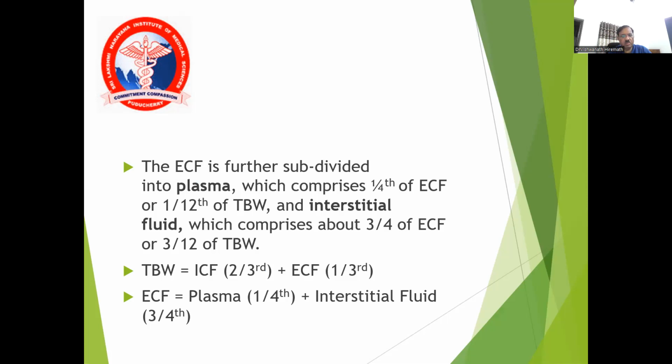Total body water is equal to intracellular fluid, which is 2/3, and extracellular fluid, 1/3. Extracellular fluid is further divided into plasma, which is 1/4, and the interstitial fluid compartment, which is 3/4 of the volume occupied.